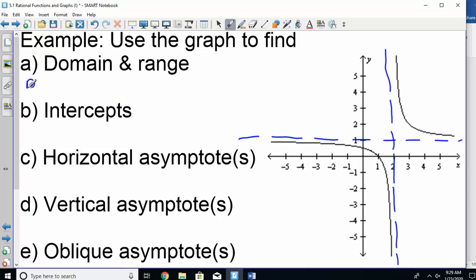So our domain, going from left to right, we're hitting from negative infinity until 2, union 2 to infinity. Range, our y's, this is going down forever, so negative infinity to 1.